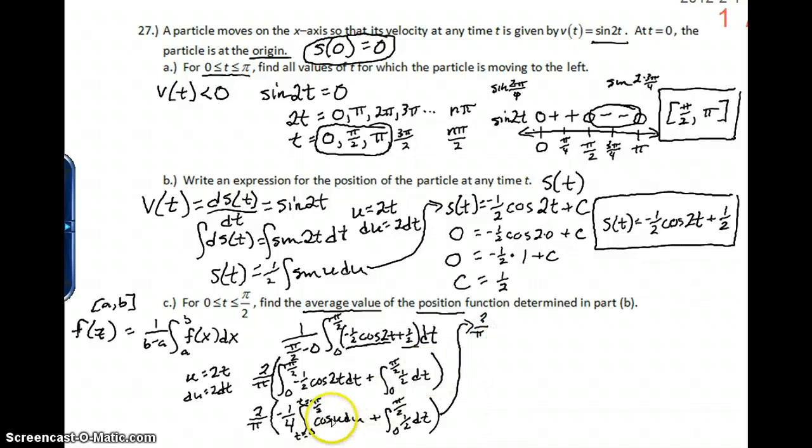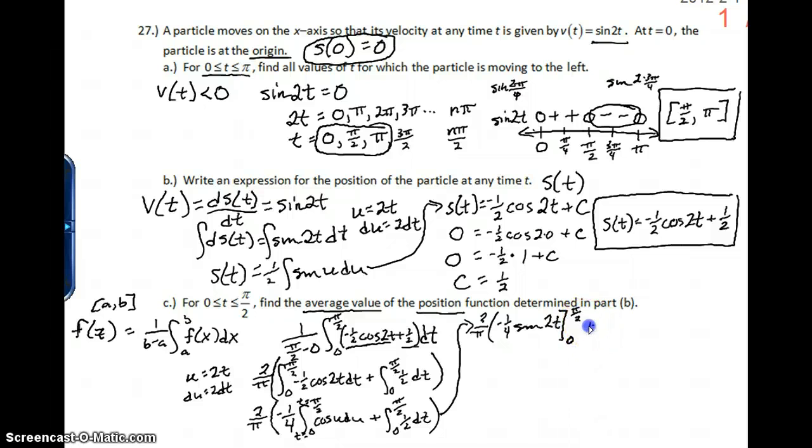Now, the integral of the cosine of u du. Remember the integral of cosine is just sine of u, but I'm just going to put the 2t in right away. And then I have the evaluating from t equals 0 to t equals pi over 2. So I no longer need t equals, I can just put 0 to pi over 2.